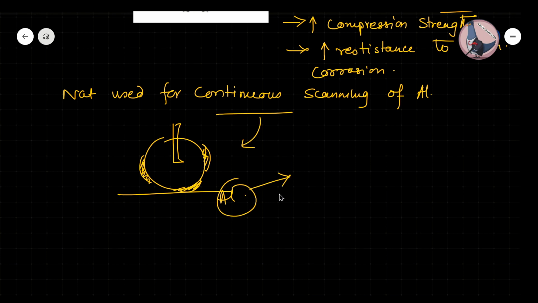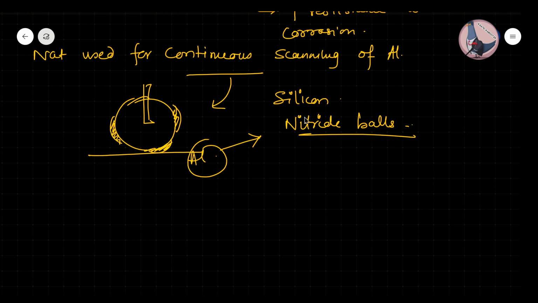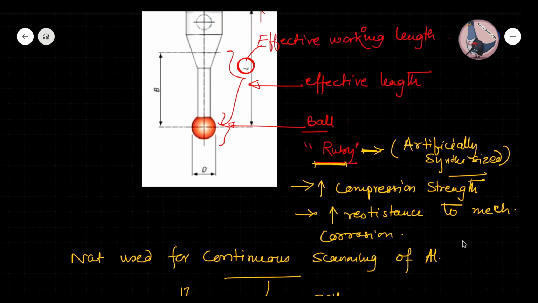For aluminum, we use nitride balls, silicon nitride mostly. These balls are used instead of ruby. So these are the types or the material. Again, this part is made up of steel, by the way.